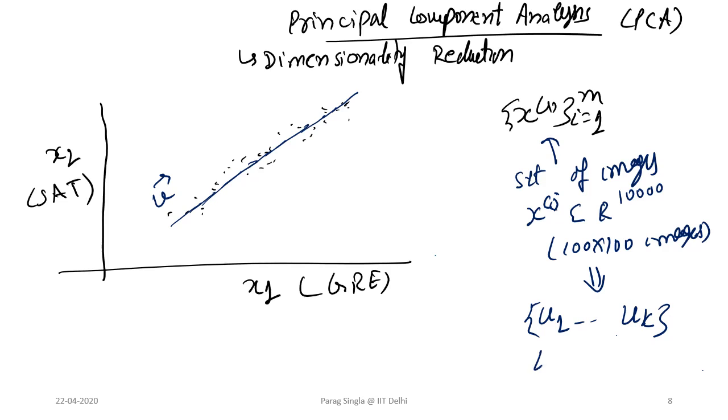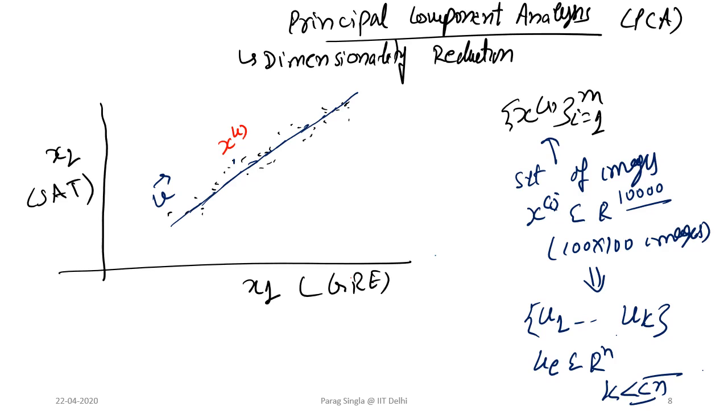And each of these ul, in the original space still belongs to Rn, where n was this 10,000. But this k typically is much smaller than n. So again, coming back to this example here, each data point here, let's say this is xi, could now be represented in terms of this single vector u.